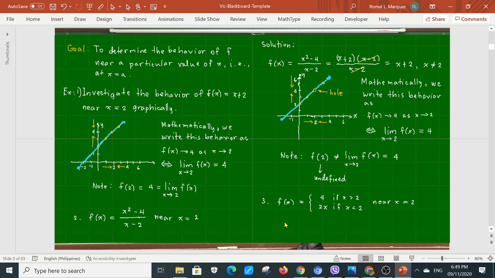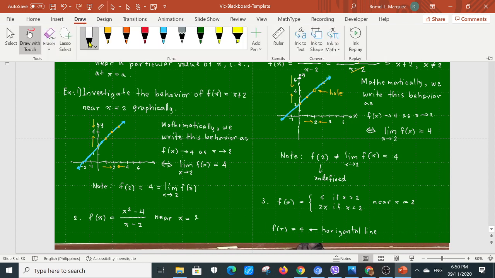Okay? So again, this is a piecewise. One is a constant function. 4 is a horizontal line. F of x equals 4 is a horizontal line, no? Do you still recall that? What about f of x equals 2x?